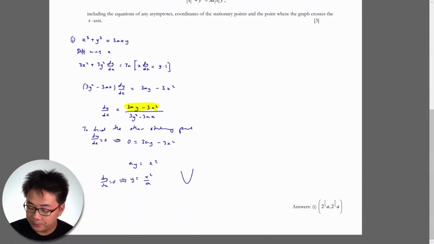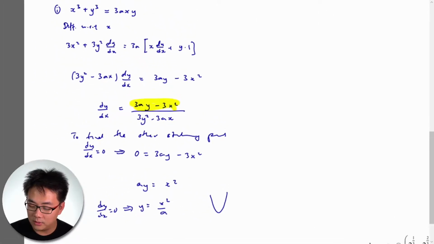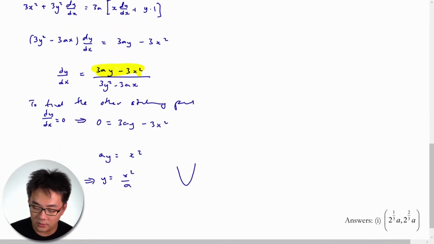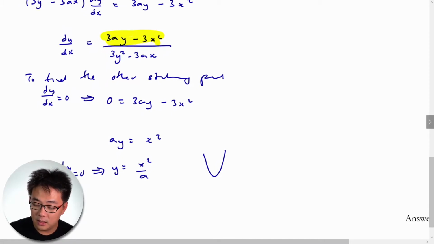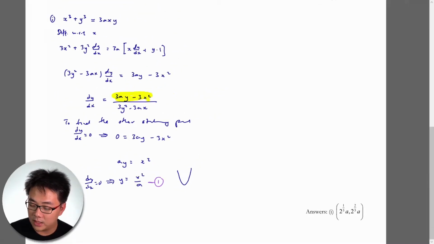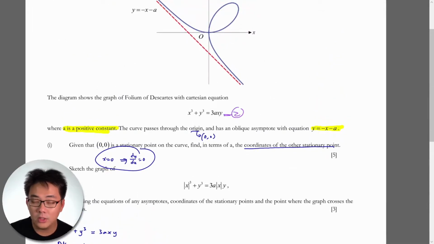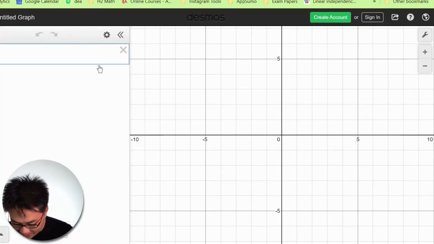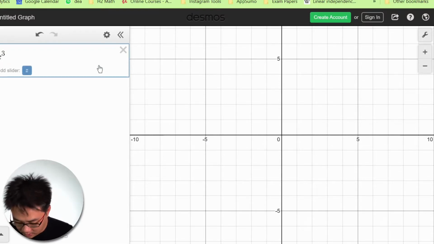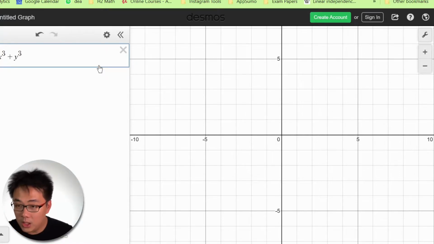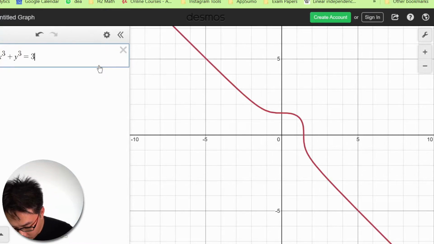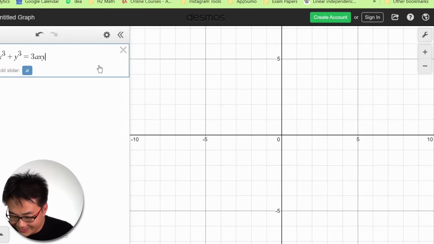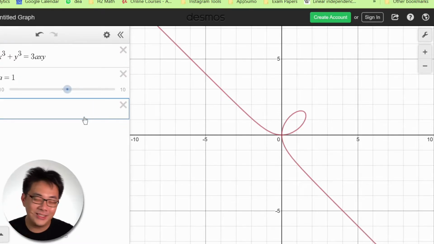If you don't believe me, you can use Desmos to sketch it. Apart from satisfying this equation, you need to satisfy the original equation too. Let me plot on Desmos to give you a good idea of what is going on: x cubed plus y cubed equals 3axy. Sorry, I'm very bad at multitasking.